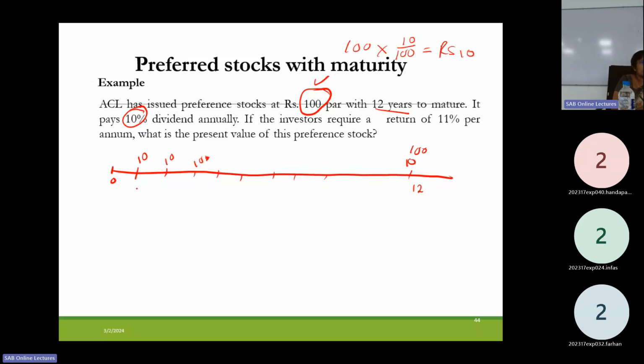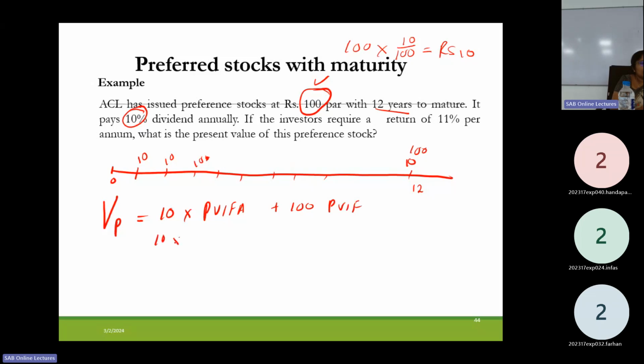Based on the expected cash flows, you can value this preference share. The 10 rupees is an annuity, so you take the present value interest factor annuity to calculate the present value of the dividends. The 100 rupees is a single lump sum payment, so you discount it using the present value interest factor.